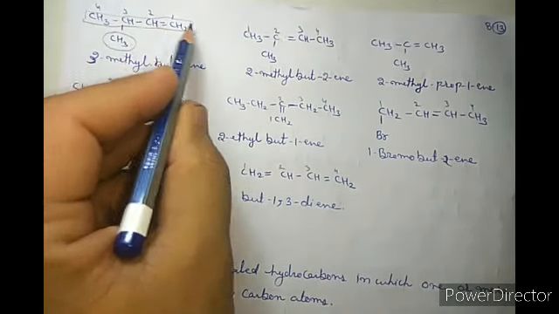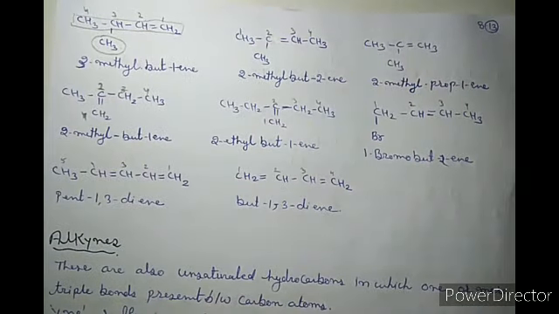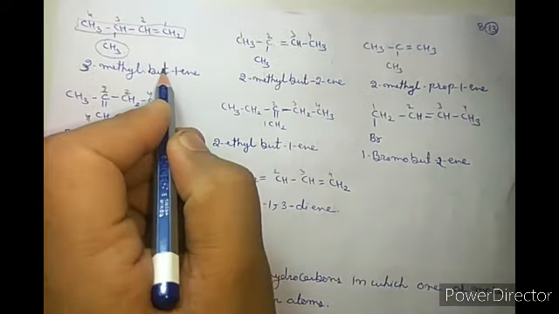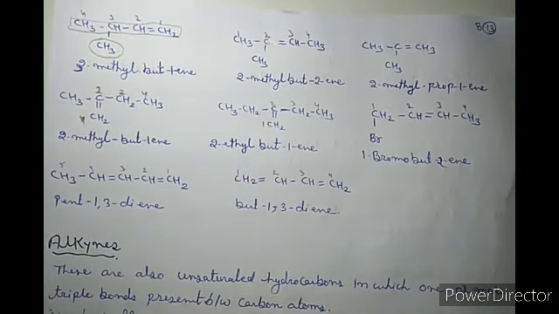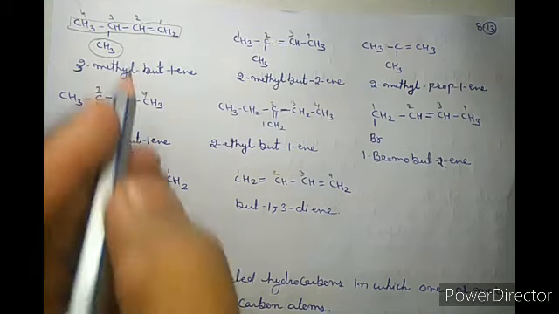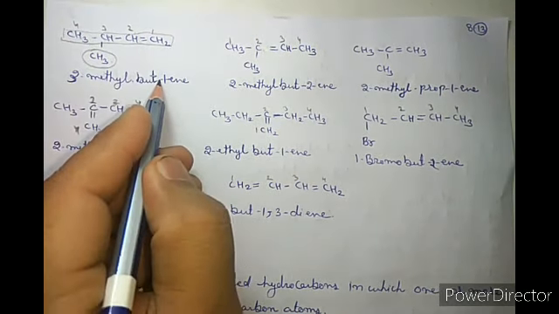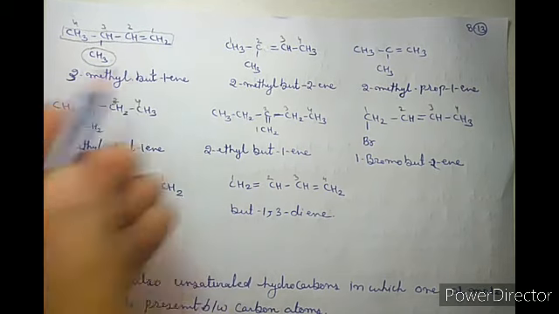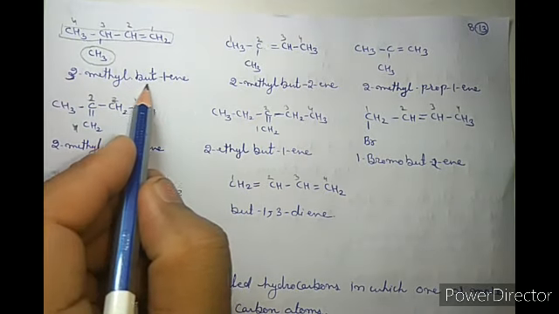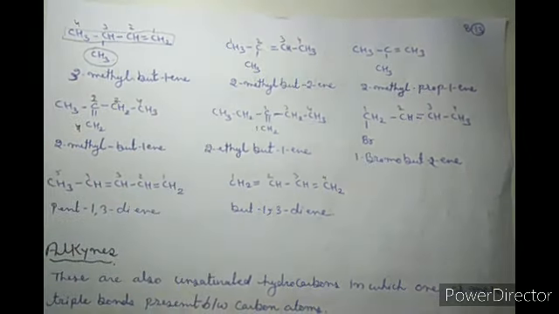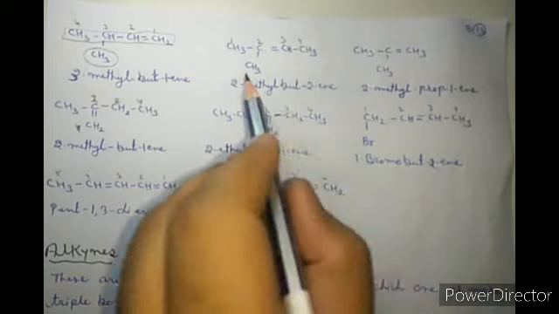Now the main chain, how many carbons? 4. For 4, that is but. Now the position of the double bond, first number, so but-1-ene. So the name becomes 3-methylbut-1-ene. Got it?